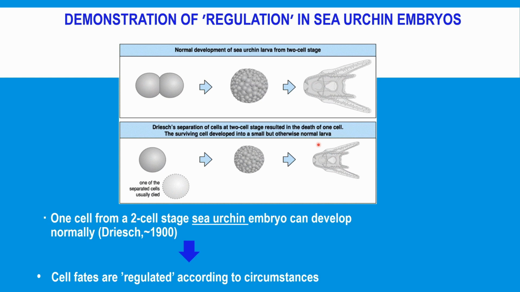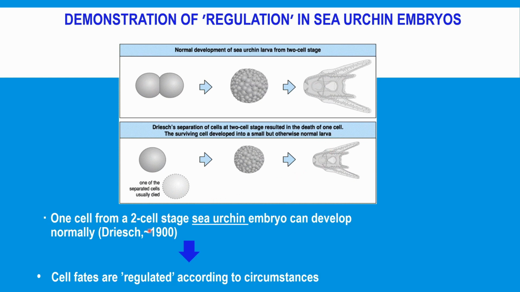So this observation shoots a hole in the theory of mosaicism, that there are cell determinants that are asymmetrically distributed, and if you kill one cell, the embryo cannot form fully because you're missing half of the determinants already.